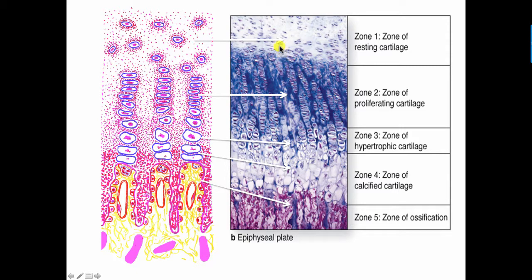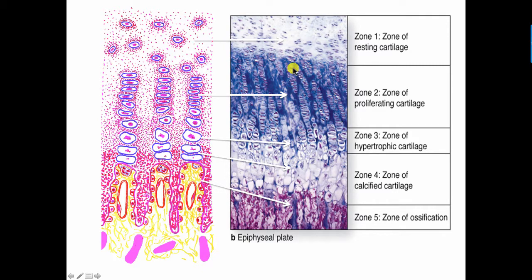The first area is called the zone of resting cartilage, and this area here provides the chondrocytes that will allow for lengthening of the bone. Chondrocytes at the interface between the zone of resting cartilage and this zone of proliferating cartilage start to divide and become organized into these columns of cells.